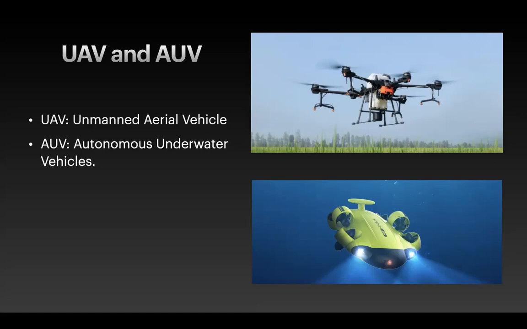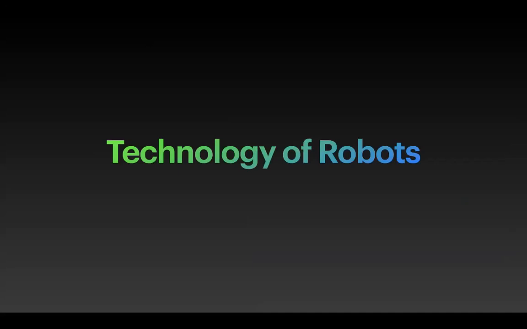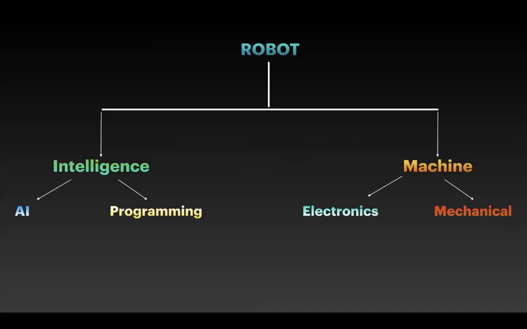Okay. So let's move to the technology of robots, right? What is this technology? I took this slide from the webinar, right? When you look at a robot, you can see there are 2 types. One is intelligence, and the other is the machine part, or the mechanical part, right?